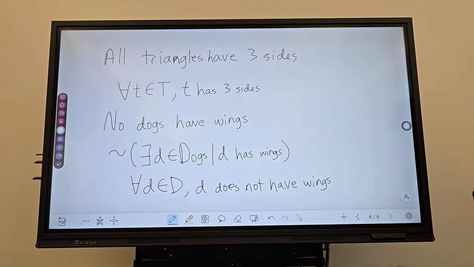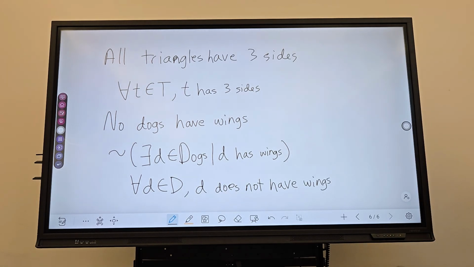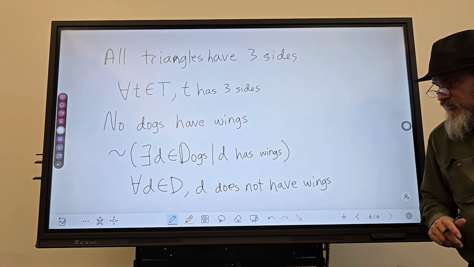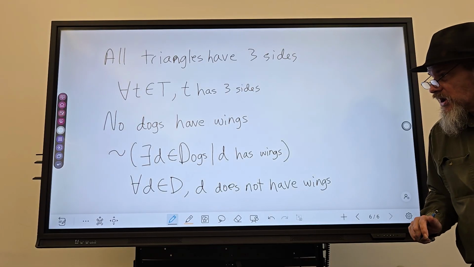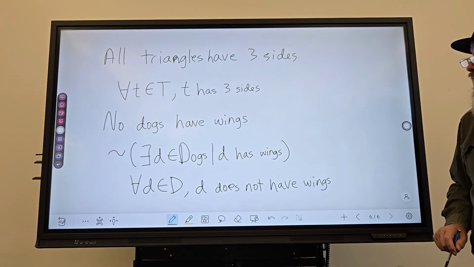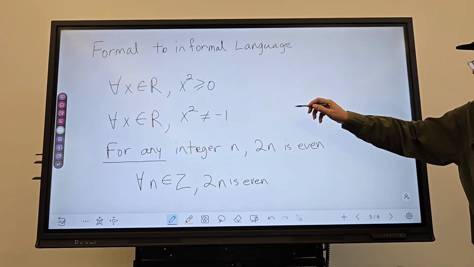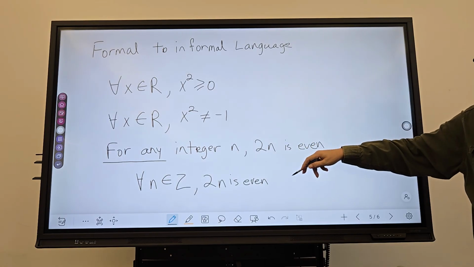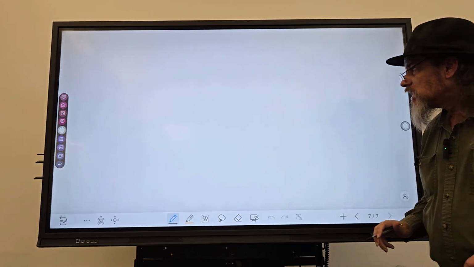How to convert from a negation to a non-negation will be covered a little bit later. Then we can get into universal conditional statements. This was informal to formal, and the formal to informal we discussed on the previous page.